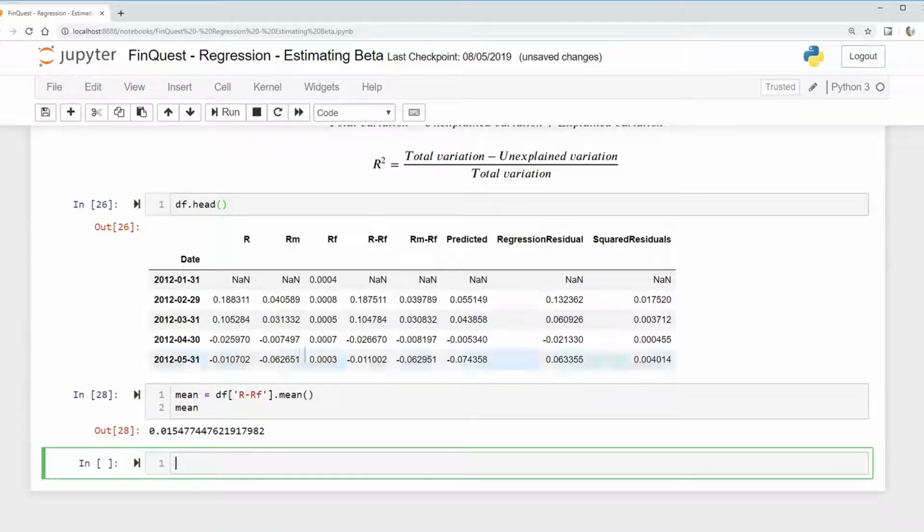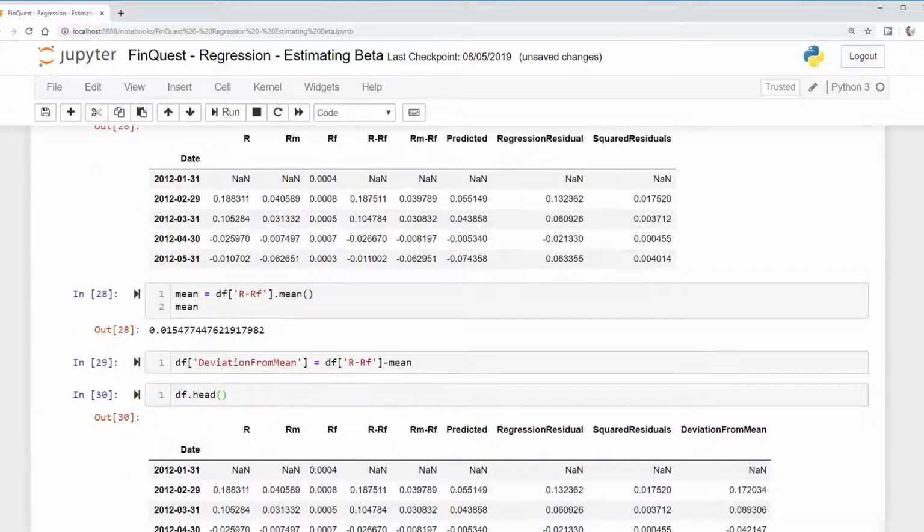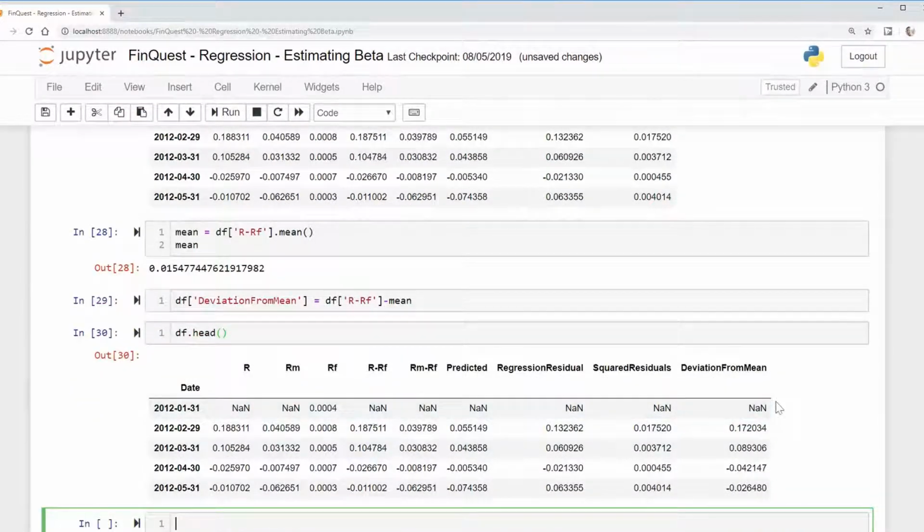Now we need to find the deviation from that mean for each of these observed values. To do that, we can take our column, df r minus rf, and subtract the mean. We're going to create a new column and call it deviation from mean, equal to our column for each observed value minus the mean. We'll run that, and there we go, the deviation from mean column.